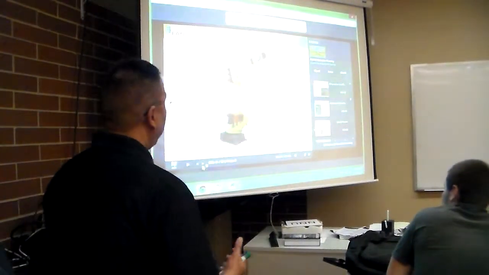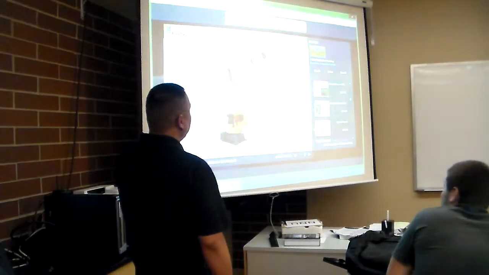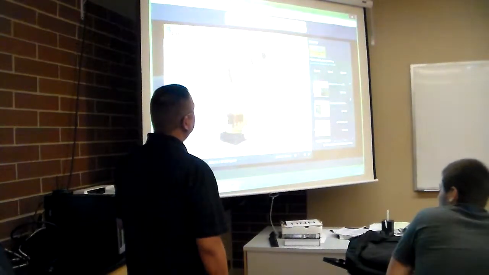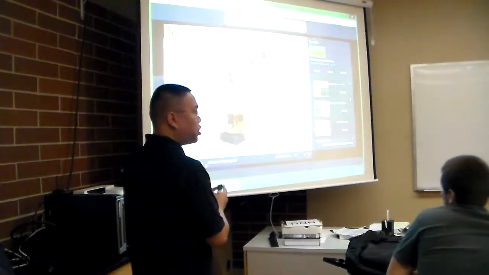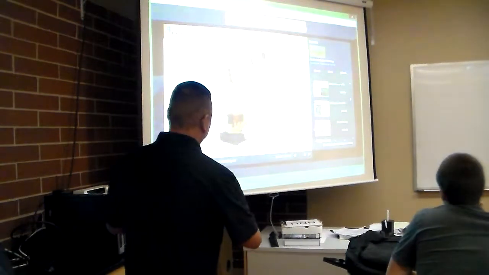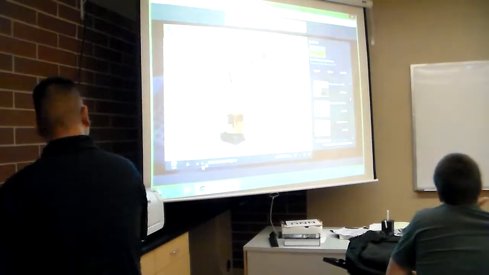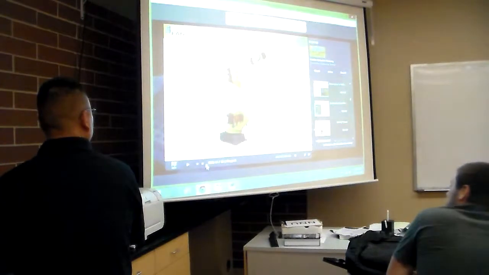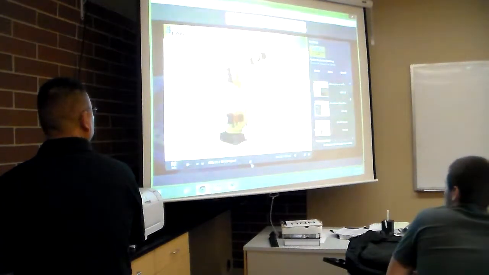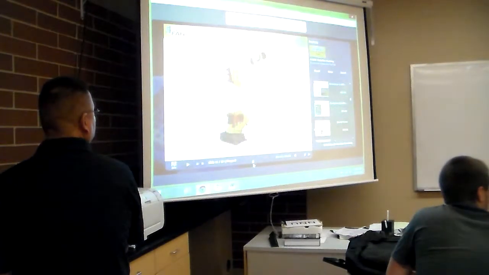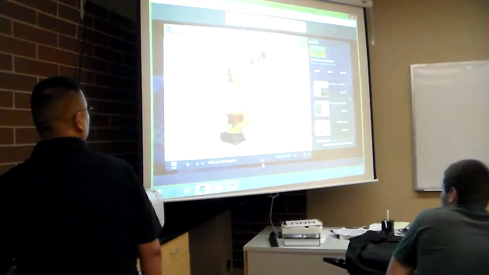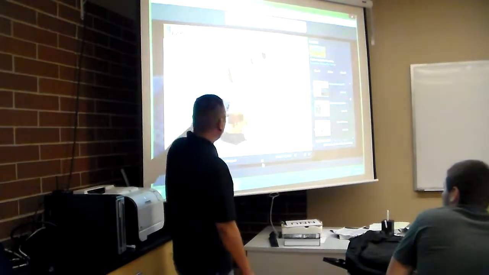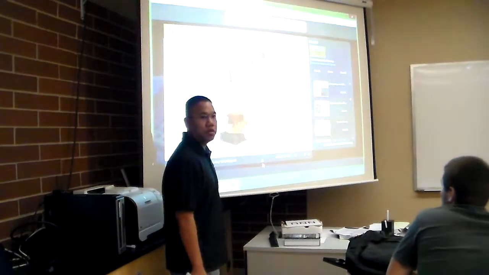Okay, so like what I have discussed a while ago, there are this world frame, tool frame, and user frame that we need to understand in order to successfully program the motion of the robot. See, the origin of the world frame is the Z-axis of J1 and the intersection between J1 and J2.